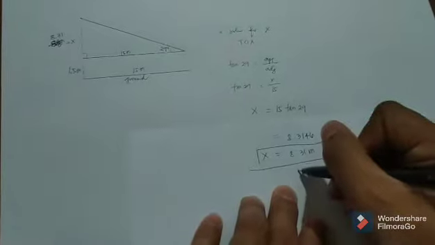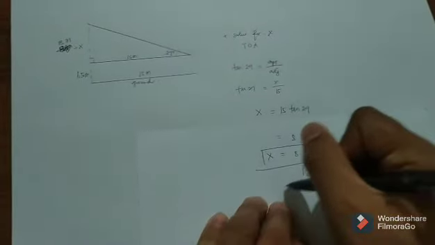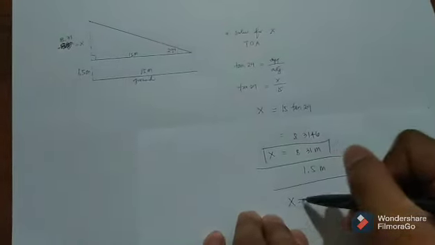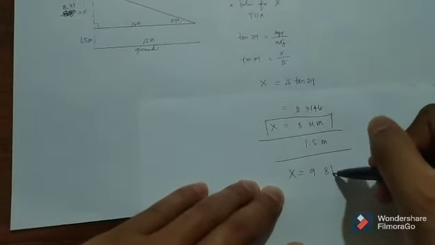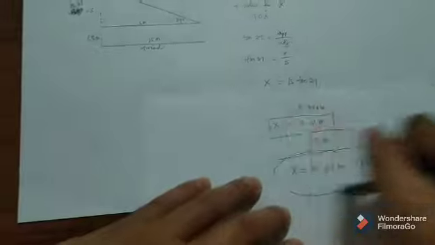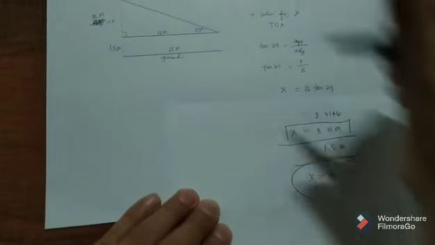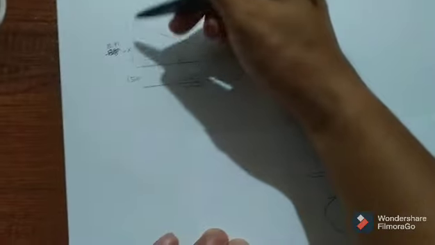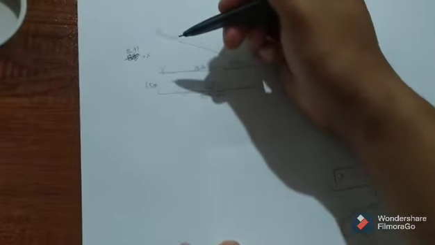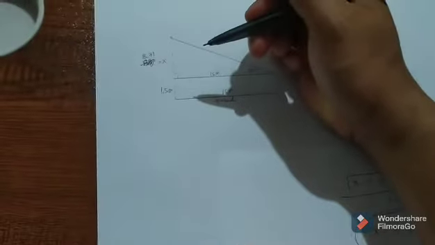The total would be x equals 9.81 meters. That would be the distance from this bird in the illustration to the ground, which is 9.81 meters. Okay, let's proceed.